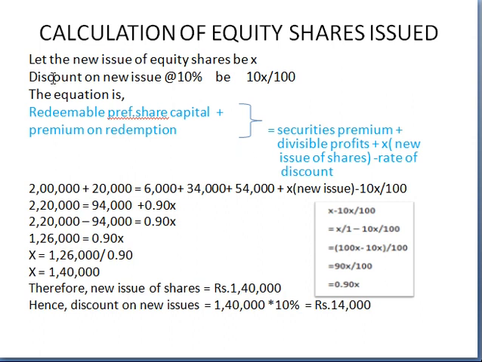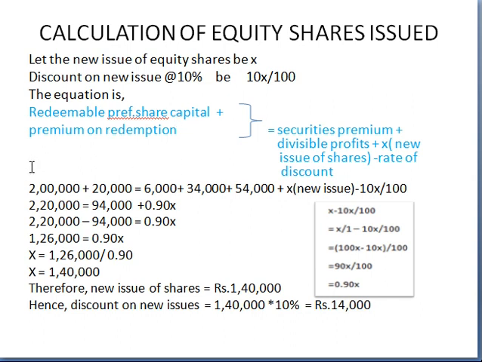Check your problem. The shares are issued at discount. That's what I have given as minus rate of discount. In case the shares are issued at premium, in this place we take the symbol as plus rate of premium. If it is discount, make it as minus. Now, we'll apply in the formula.